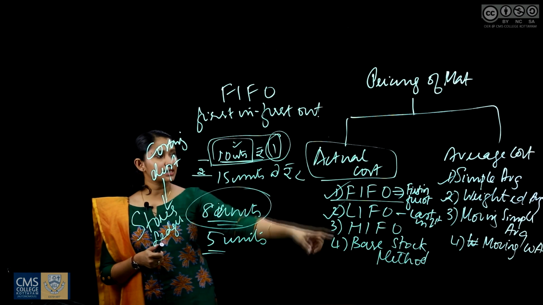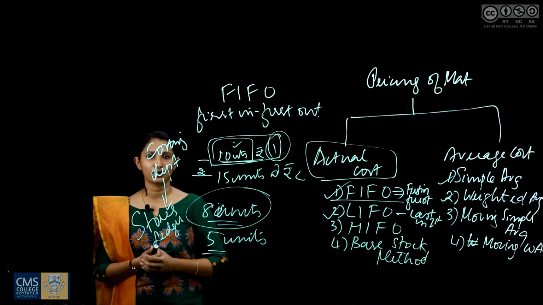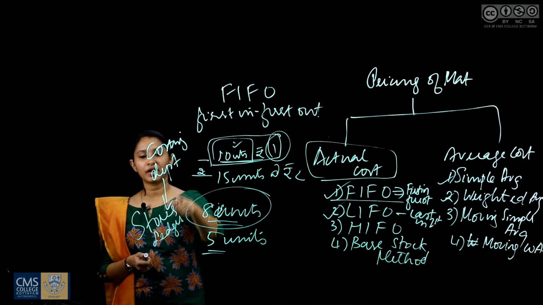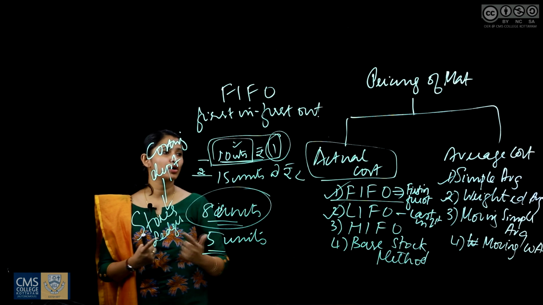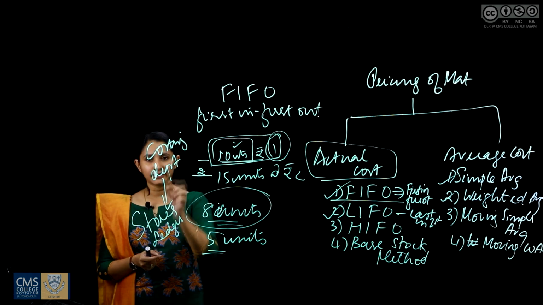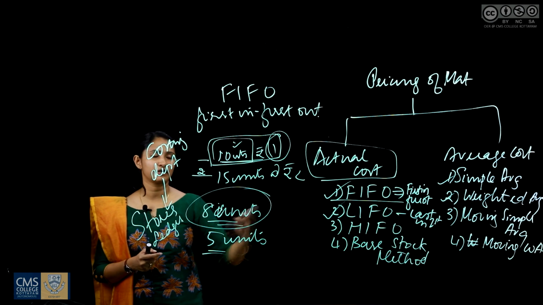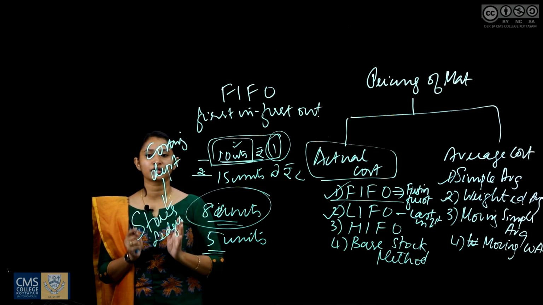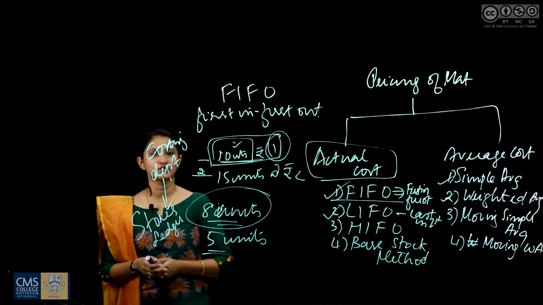Whichever pricing of materials you use in your organization, the costing department will prepare a stores ledger account. Depending upon the method that you use, the value of your closing stock will differ. We look at that when we do each and every method, so you'll get a very clear idea about how the value of closing stock differs when we use each of these methods.